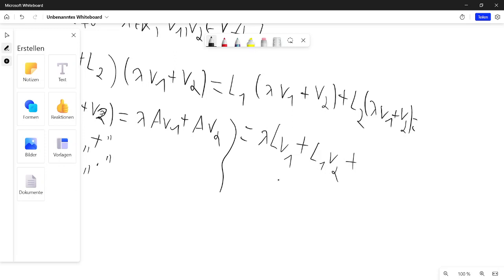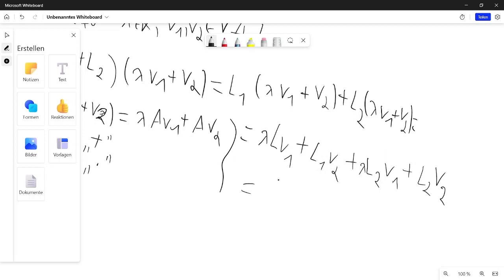L1 of v2 plus, okay, here I use that here as well, plus L2 of v2. And now I'll just play around with those terms, namely use the commutativity. Recall that a vector space is an abelian group. Now we are here in the space V, in the space W, right?